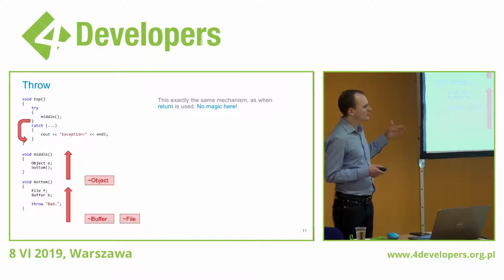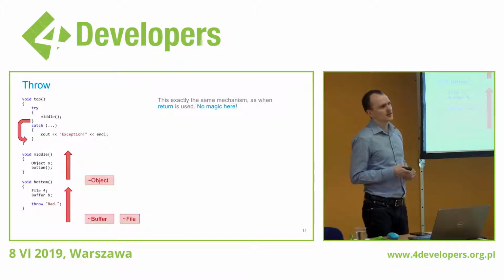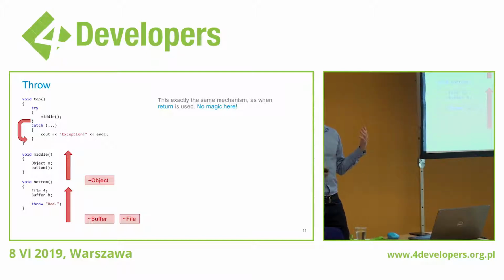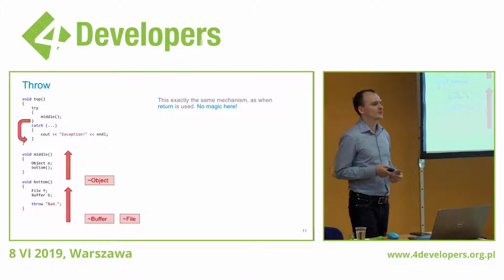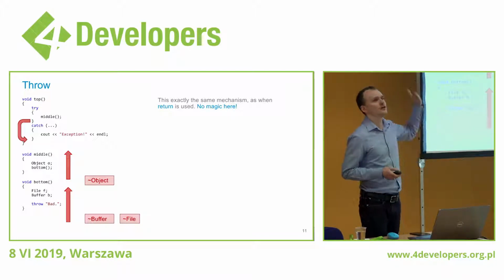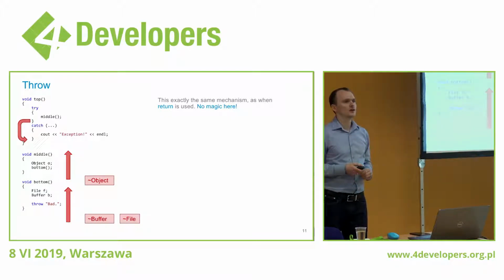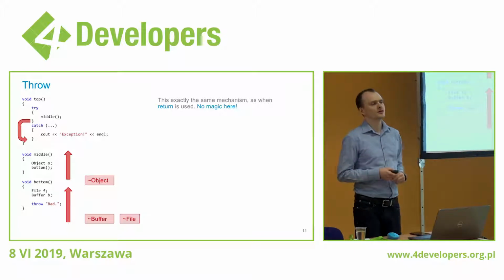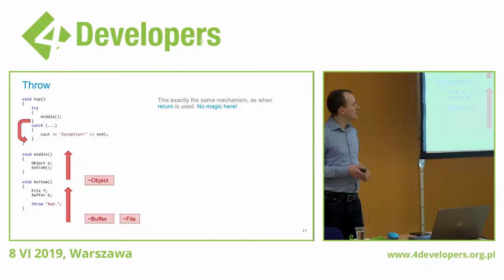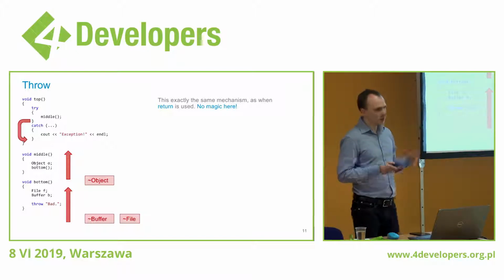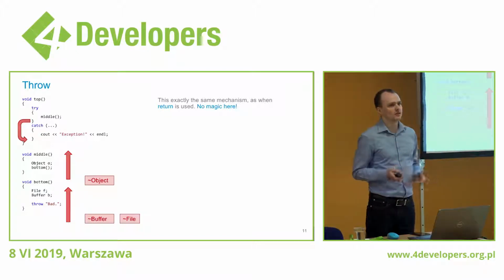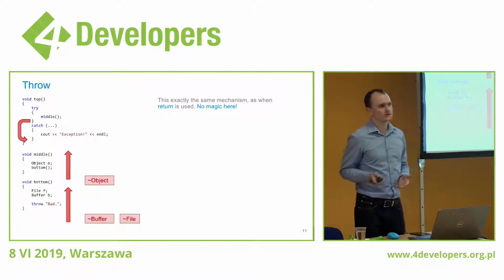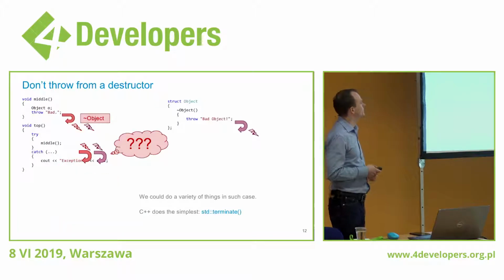The only difference is that at one point, when we find a matching catch statement, instead of returning again to the calling function, we jump to that catch statement as if it was an if checking an error code. So you shouldn't be afraid of a throw statement, because if you know how return works, you know how throw works. There is no magic there.